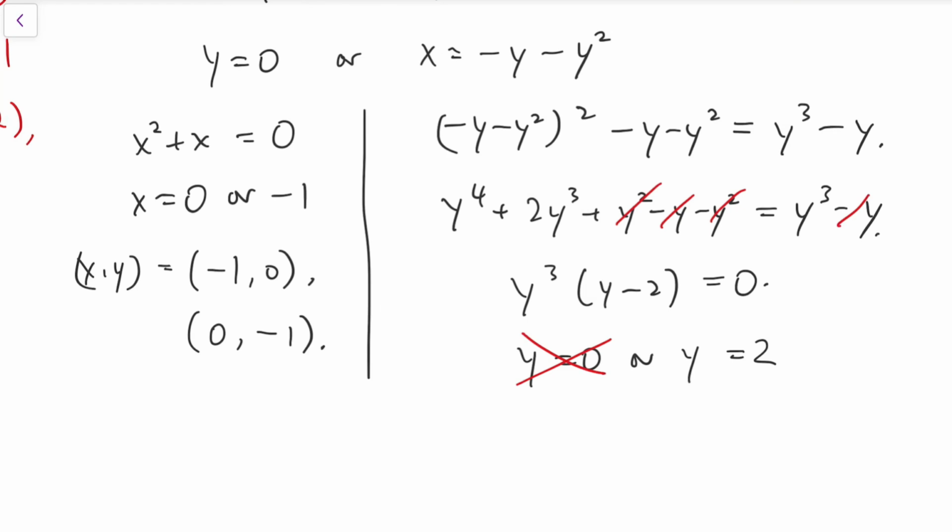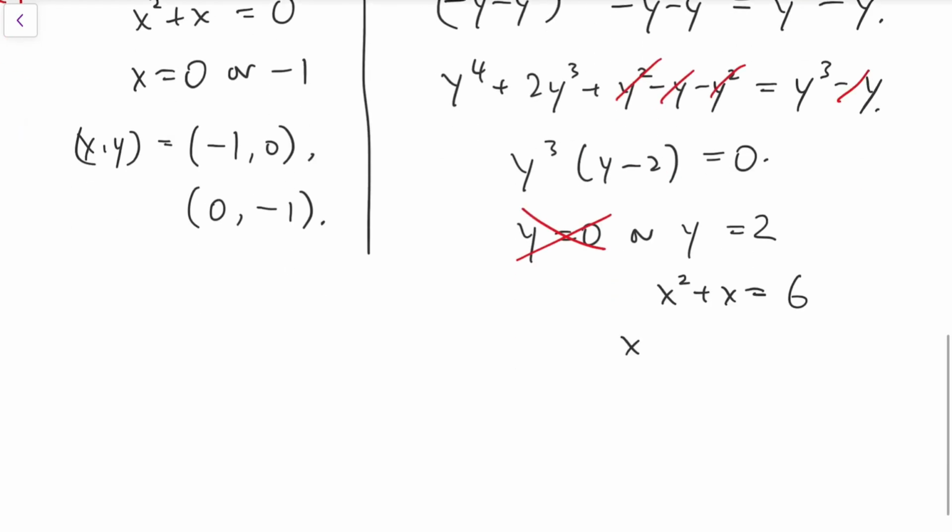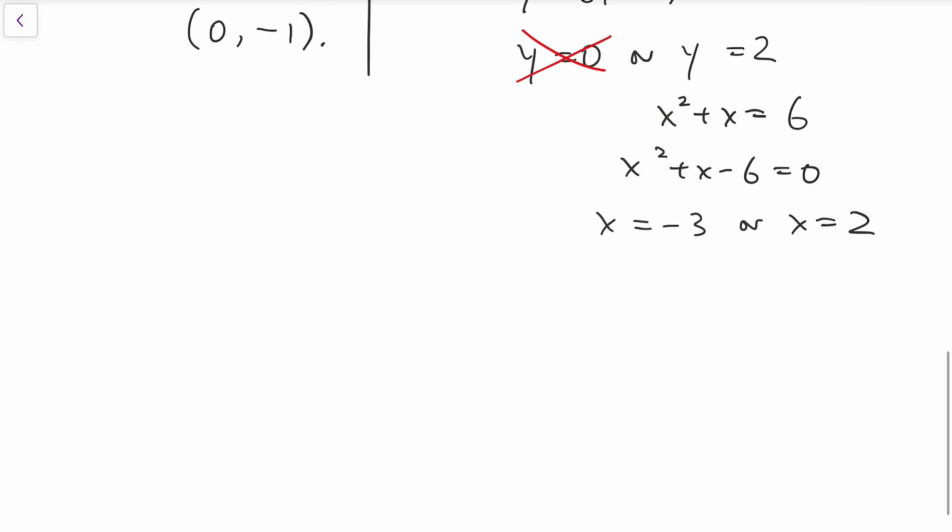Well, for y equals 2, that means we can say x squared plus x is 2 cubed minus 2, and that's 6. So with a quadratic again, either we have x equals minus 3 or x equals 2. So for x equals 2, we've already got it.